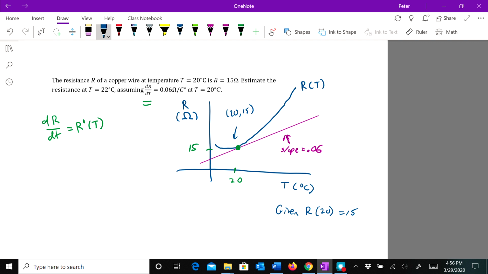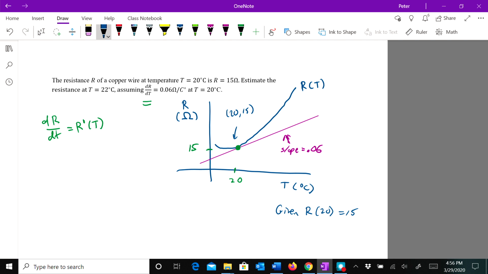I realize once again why this is bothering a lot of you. We're being asked to deal with a function R of t that there's no formula for. The point of linear approximation is it doesn't matter what the formula for it is, because we're going to use this purple line to stand in for that function, and they are telling us how to find that.